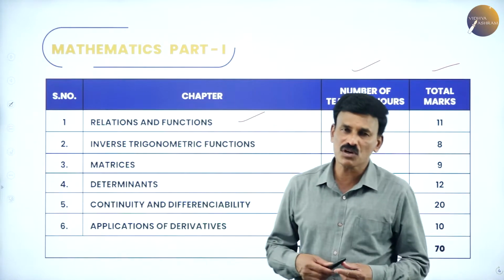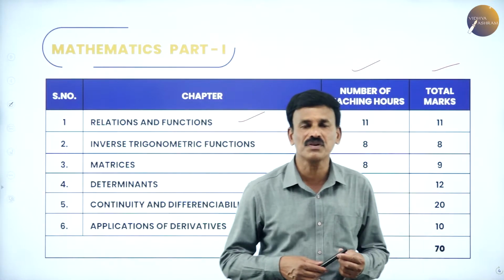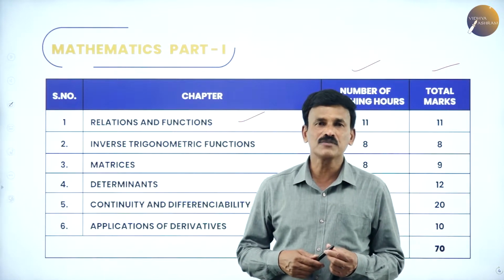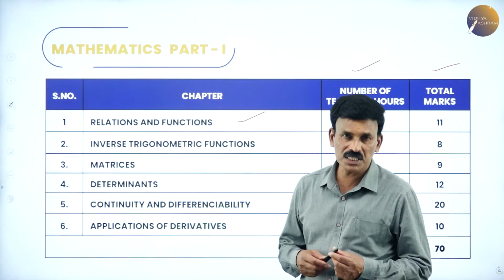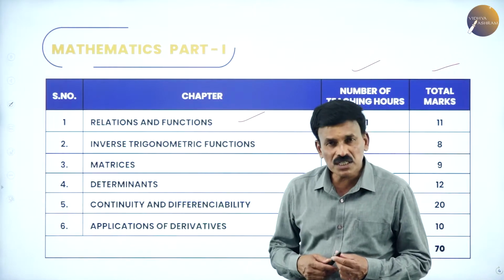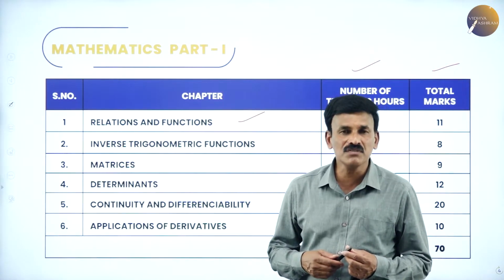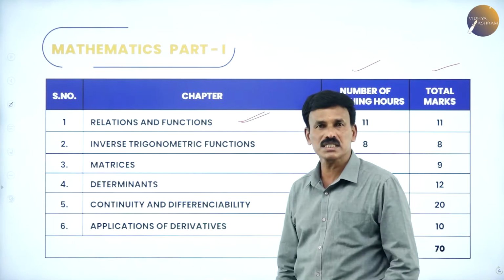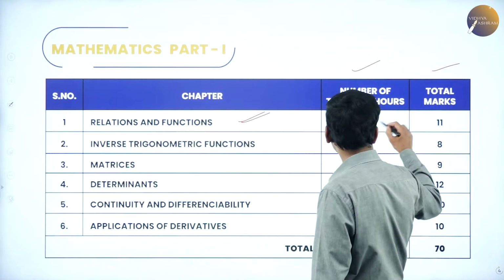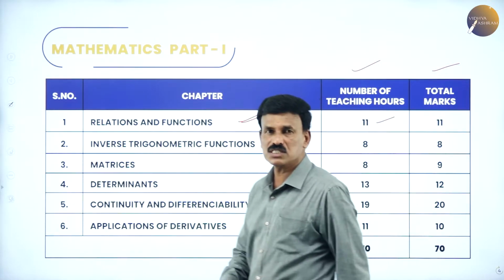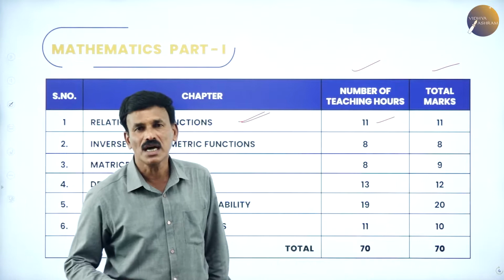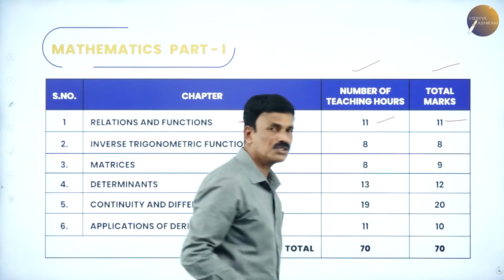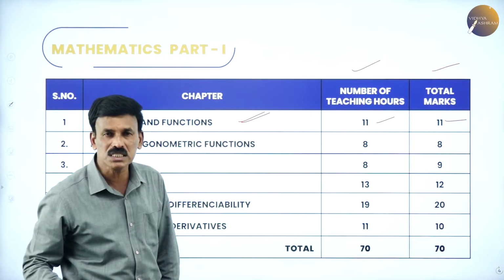The same concept, with a little extension of finding the different types of functions and relations, as well as finding the inverse of a function, that is the invertible function, we are going to study in 2nd PUC. The total number of hours for this chapter is 11 hours, and this chapter will fetch around 11 marks. So the weightage for this chapter is 11 marks.